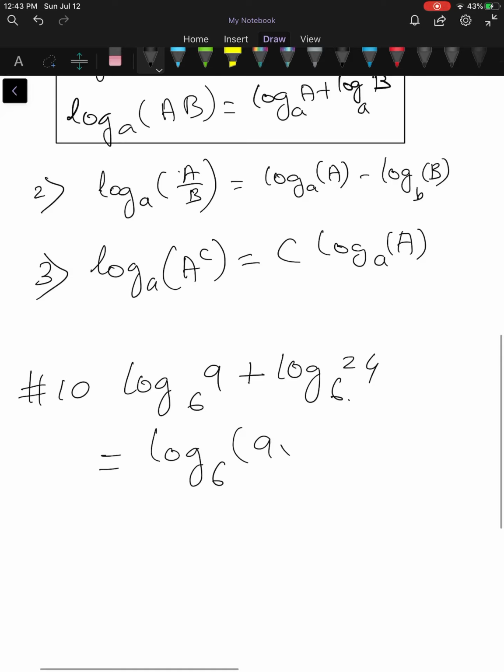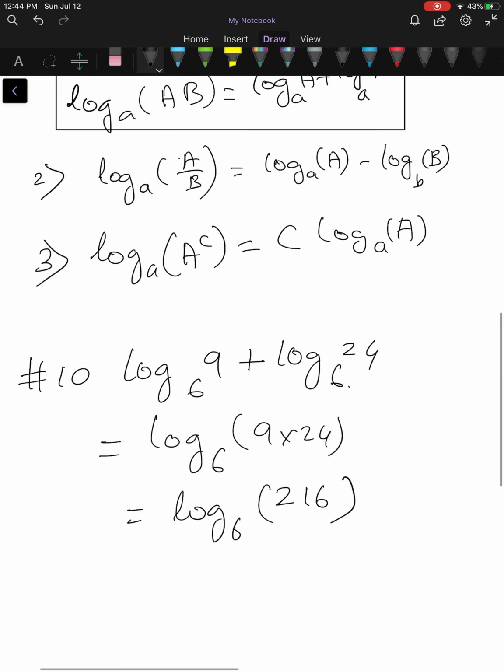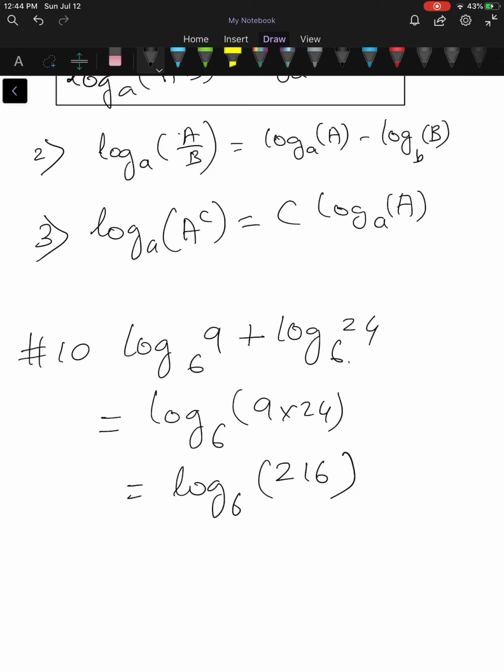By property number 1, this is nothing but log base 6 of 9 times 24, correct? What is 9 times 24? It is 216. So this will be log base 6 of 216.